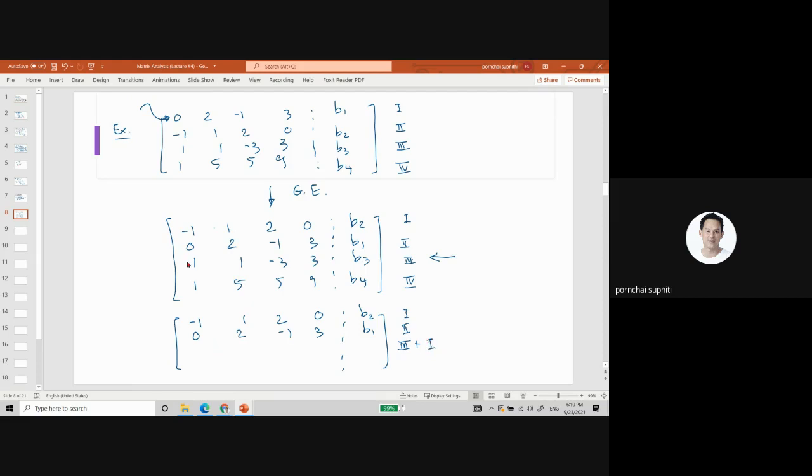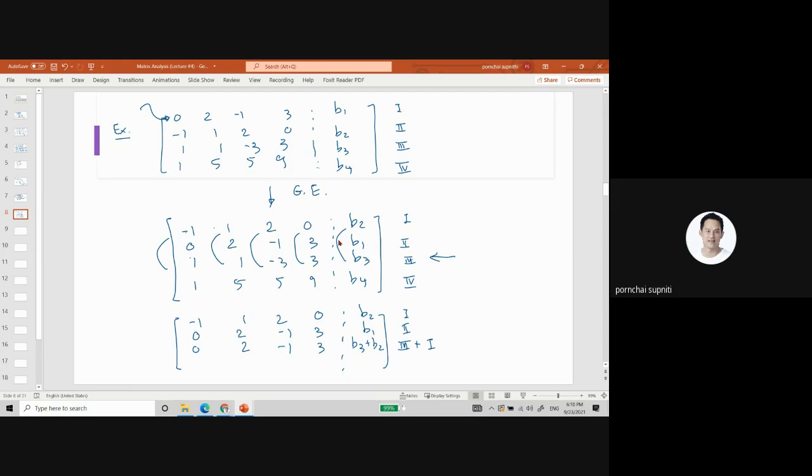So I have minus 1 plus 1, I get 0. 1 plus 1, I get 2. Minus 3 plus 2, I get minus 1. And 3 plus 0, I get 3. Then I have B3 plus B2, because I add these two together.